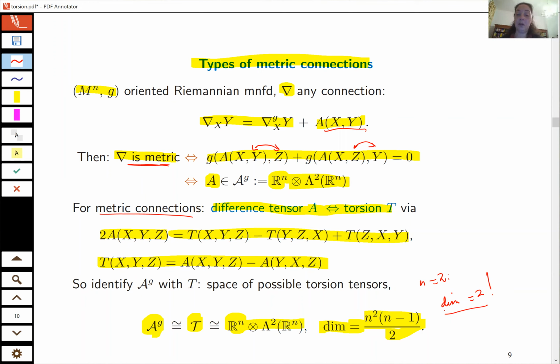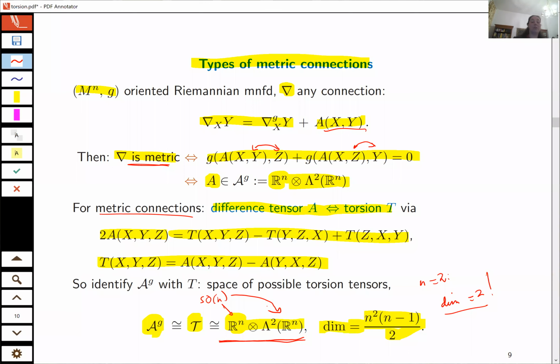And now maybe some of you see what Cartan did. He takes this space of torsion tensors or of difference tensors, doesn't matter. Now you have a natural action of SON on that space, because I have SON acting on Rn in the usual way, in the standard representation, and SON acting on two forms.